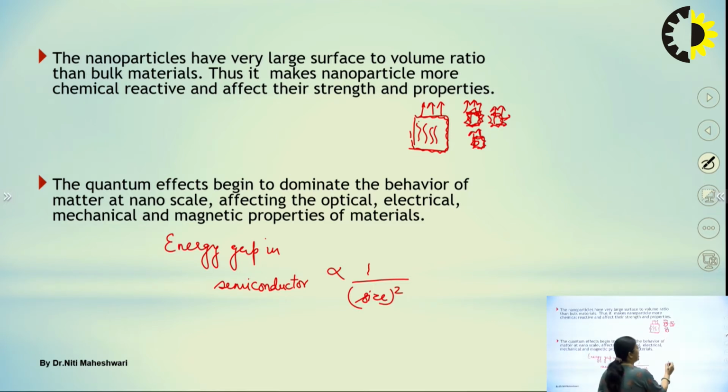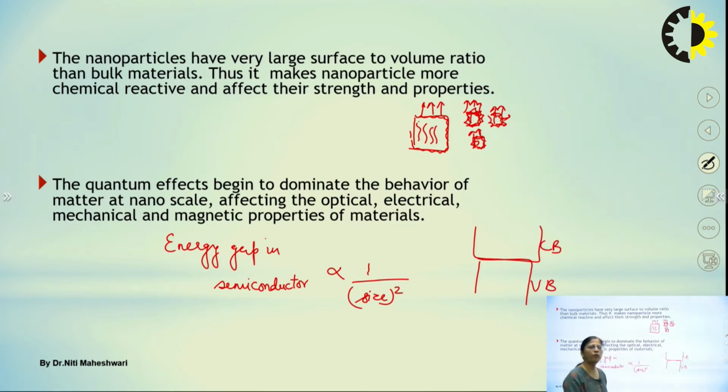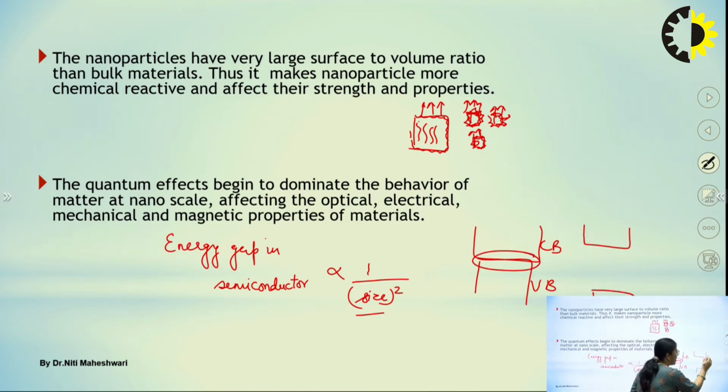In bulk materials, the valence band and the conduction band generally overlap. That means this gives rise to continuous bands in the bulk material. But when I break down the material to a small size, instead of these continuous bands, discrete energy bands are formed.